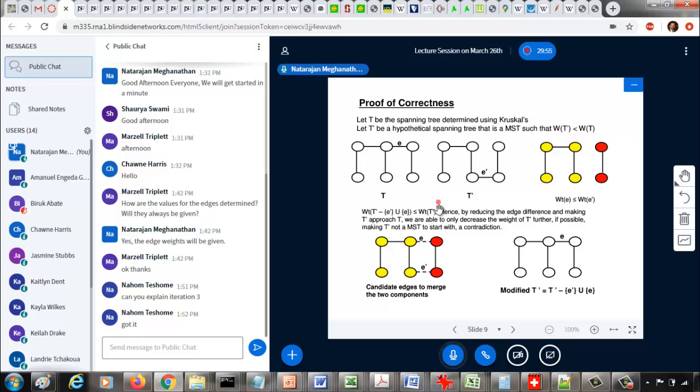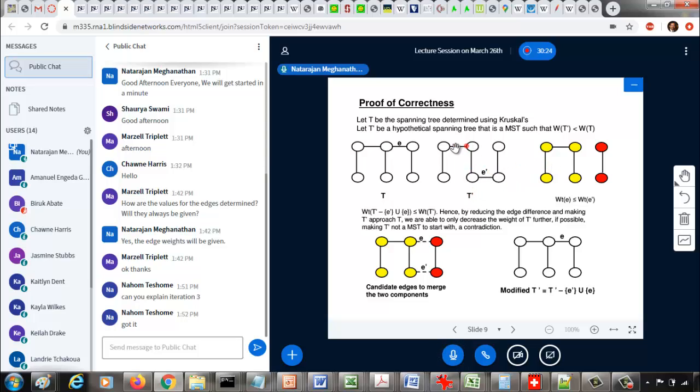Now what I'm going to do is remove this edge E prime in T prime. Let me backtrack: I'm going to remove this E prime from T prime.